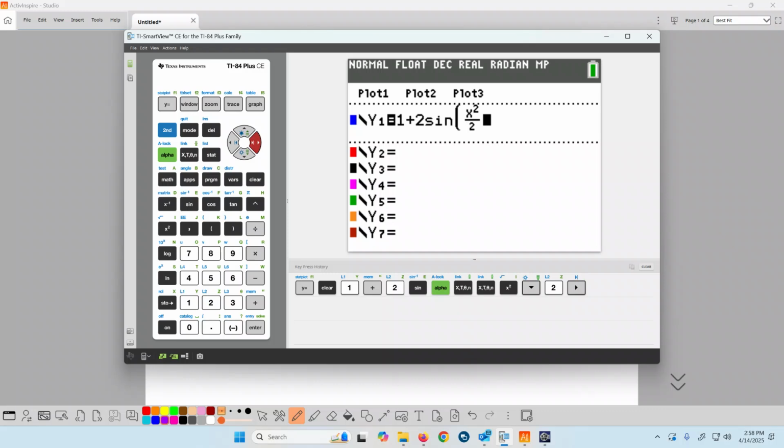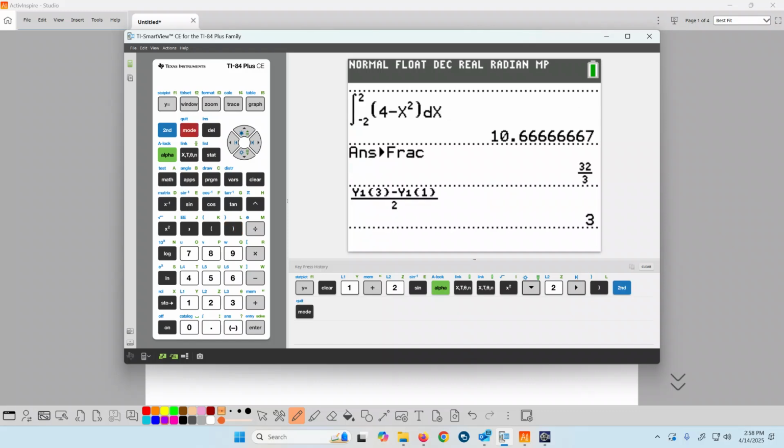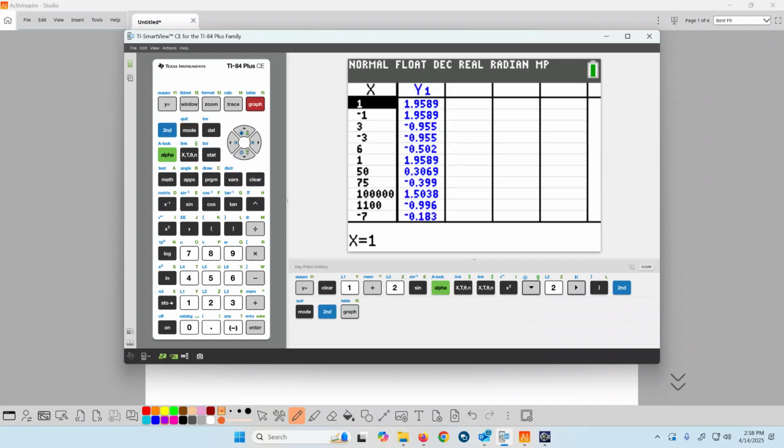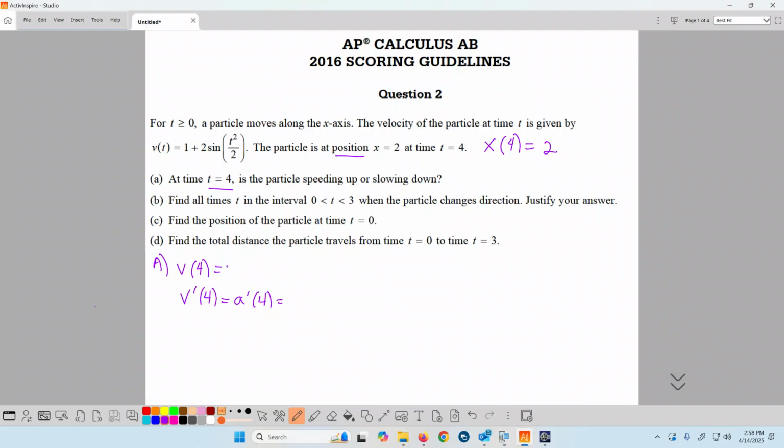I'm going to close this up, double check my function, looks great. Now again, that's just a velocity, but I just want to plug in 4. So I could quickly go into the table here, plug in 4, and just like that I get 2.978. So let me write that number down.